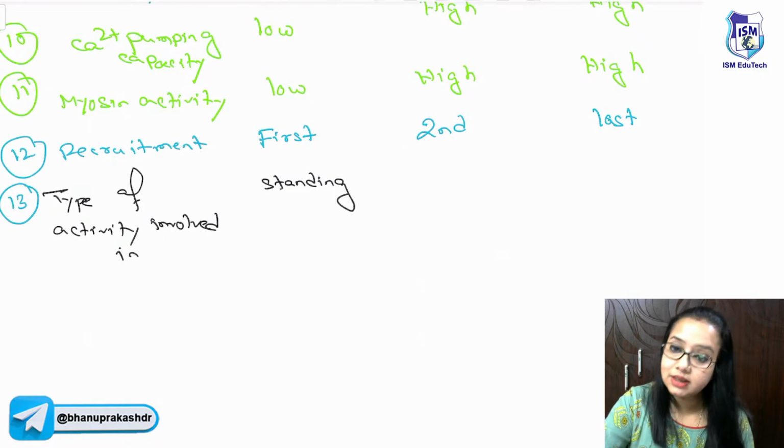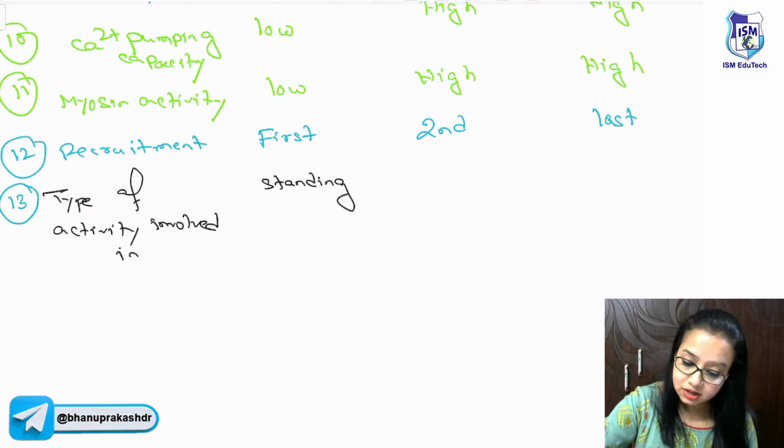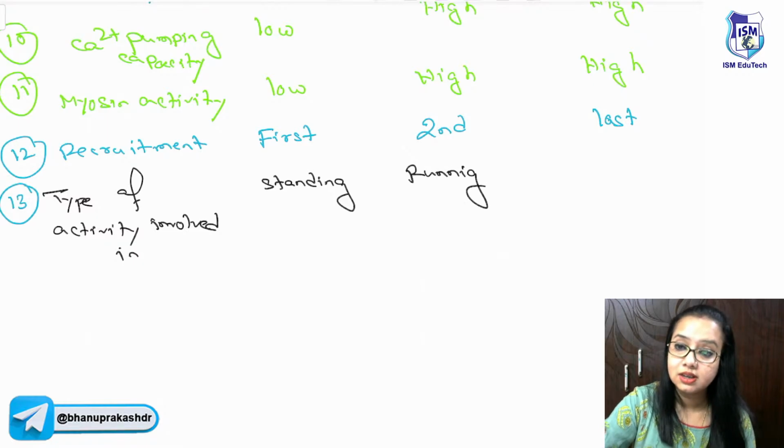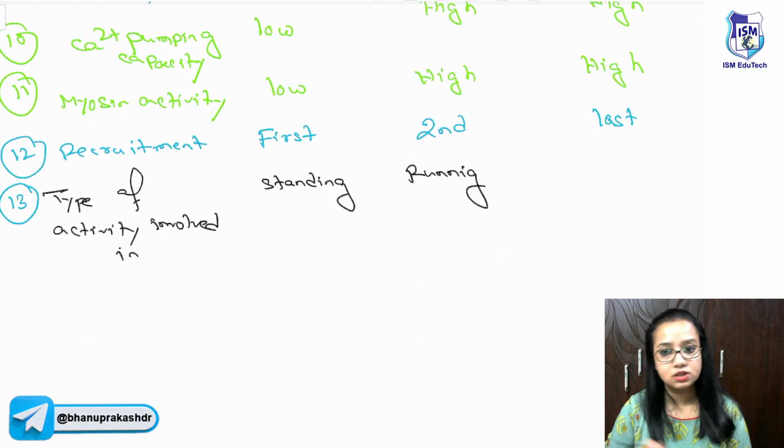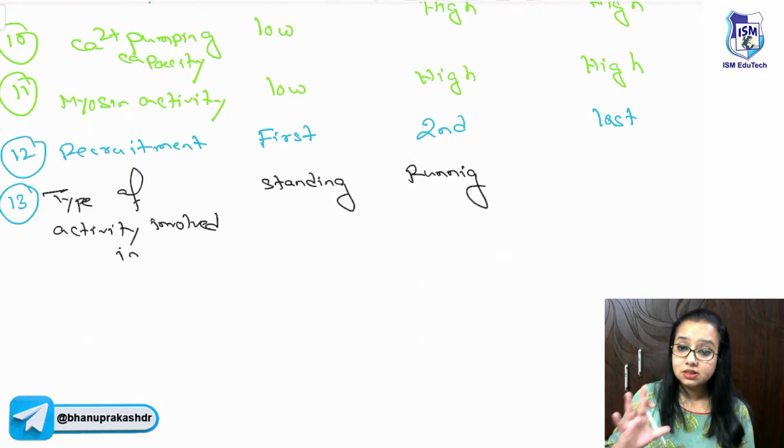Okay. The type 2A, when I am running, suppose all of a sudden I start to run, then there is contraction and relaxation of the bicep, tricep and the calf muscle, gastrocnemius muscle, all these muscles are involved. So, the type of muscle that will enable my limbs to do the act of running is the type 2A muscle fiber.